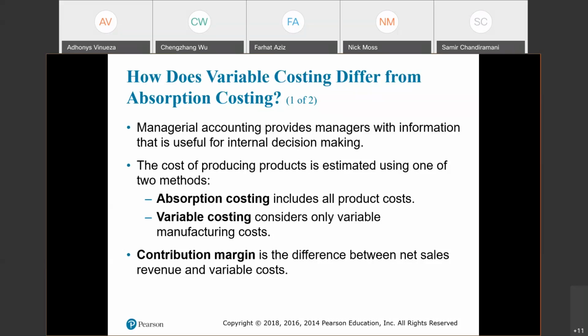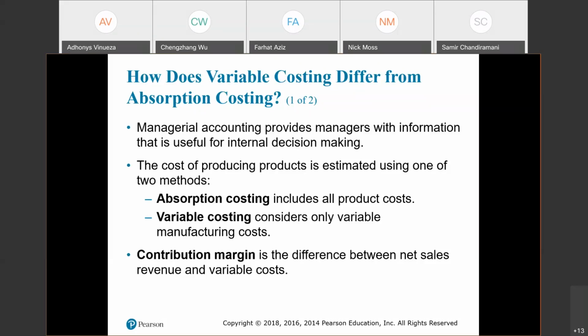Well, this approach is called absorption costing because the product absorbs all of the manufacturing costs. They are, as you see, material, labor, and overhead. These costs are recorded first as assets in the inventory accounts.